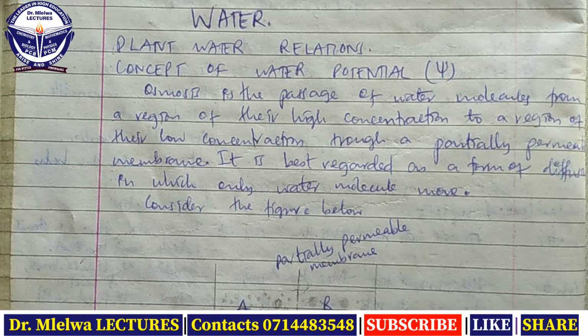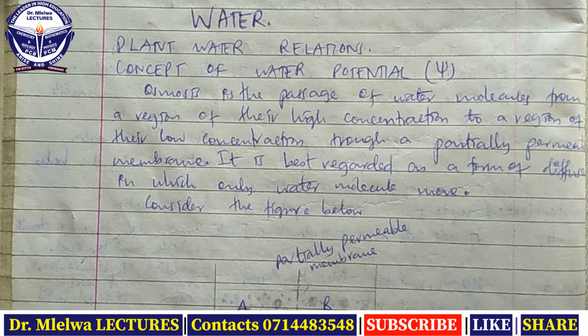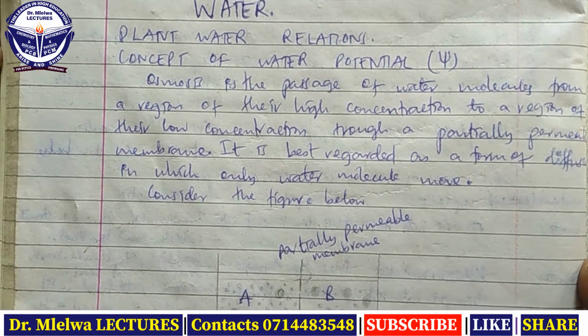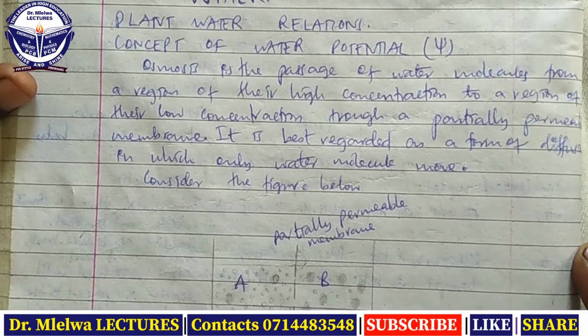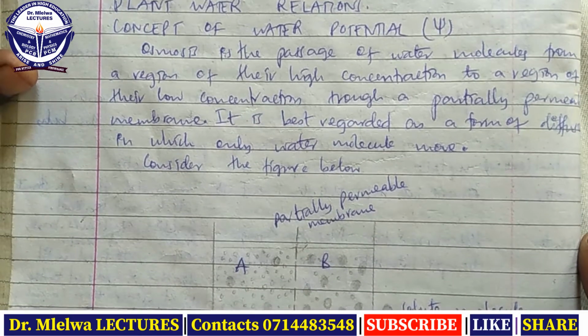This is because of the diffusion of the perfume particles from the teacher's clothes to the point where you are. So diffusion takes place in open space, but osmosis takes place through a partially or semi-permeable membrane. It is best regarded as the form of diffusion in which only water molecules move, and they move through the partially permeable membrane.